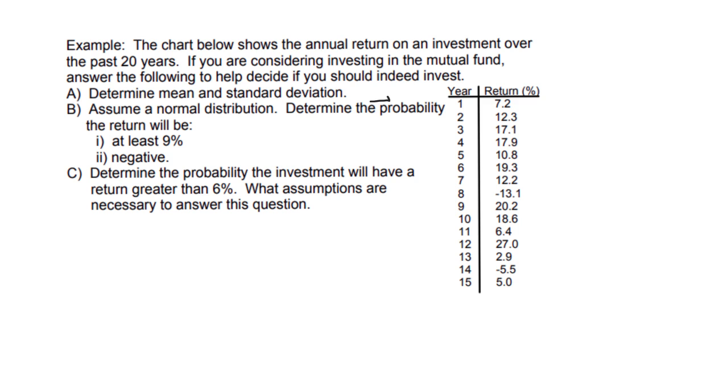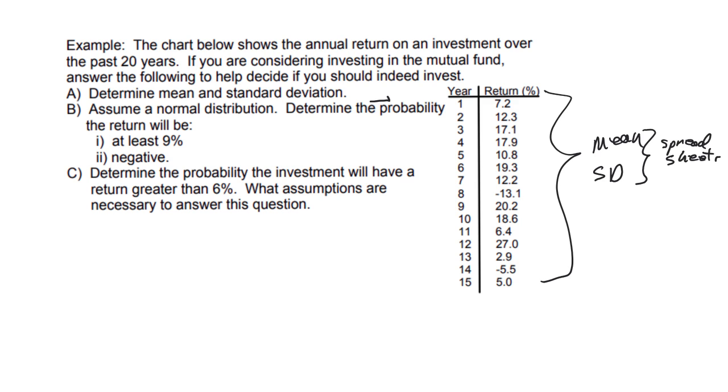The first thing we have to do is calculate the mean and the standard deviation (SD) for this set of information, and we're going to use our spreadsheets to calculate that.